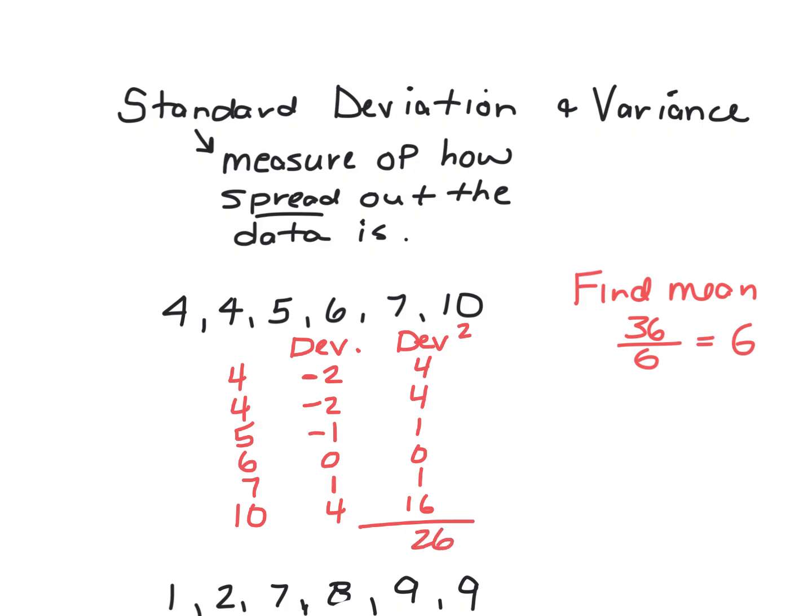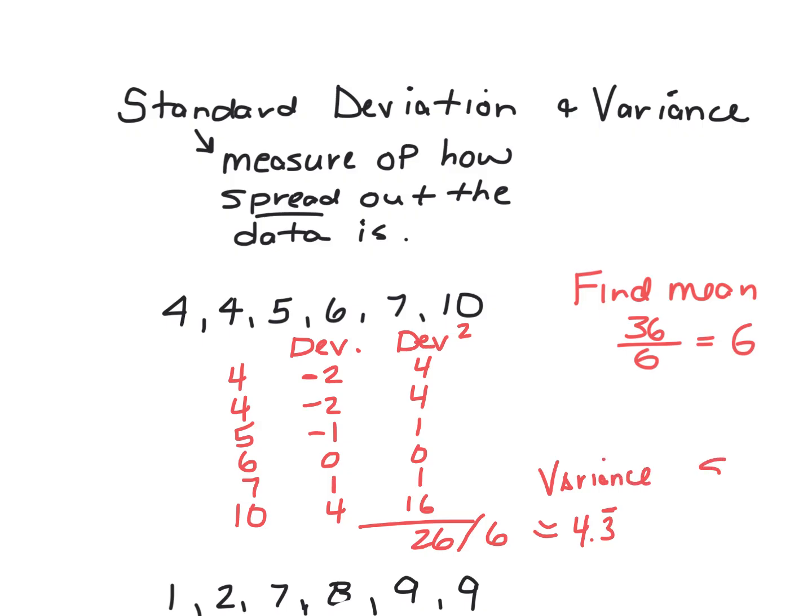26. I am then going to divide by how many numbers I have. So 26 divided by 6 gives me a total of 4.3 repeating. This number is what we call the variance.